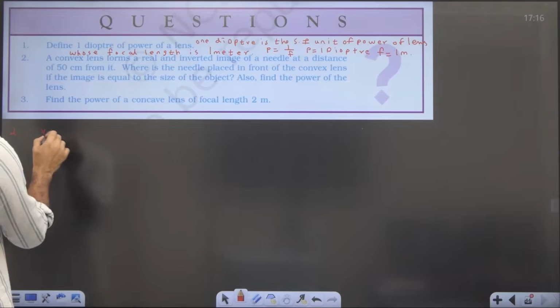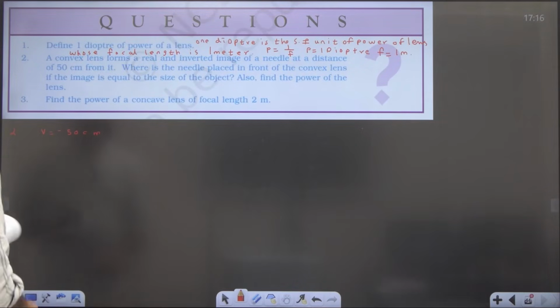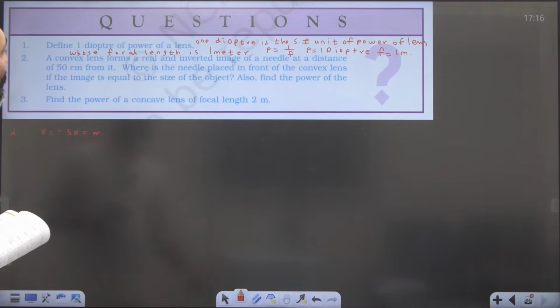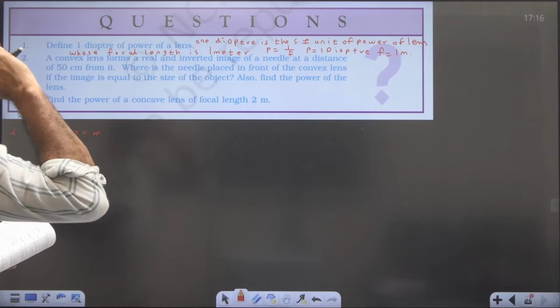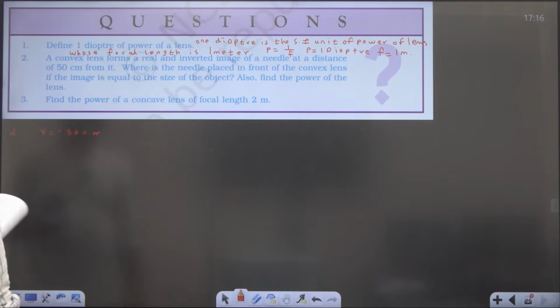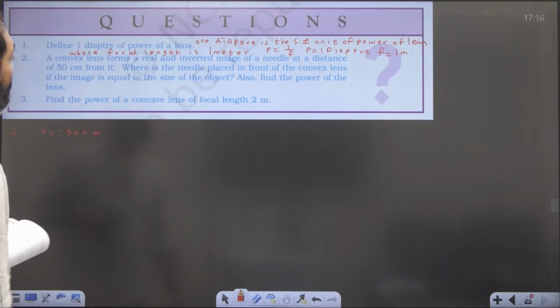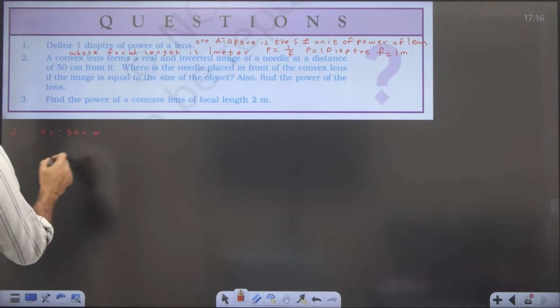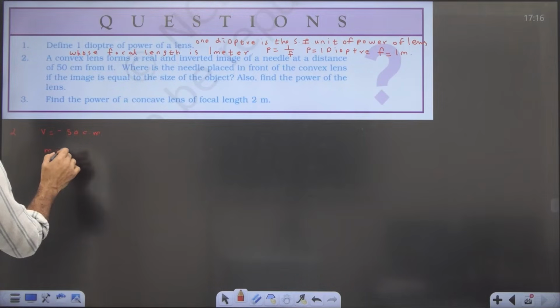Where is the needle placed in front of the convex lens if the image is equal to the size of the object? Image size and object size are equal. That means magnification equals 1.